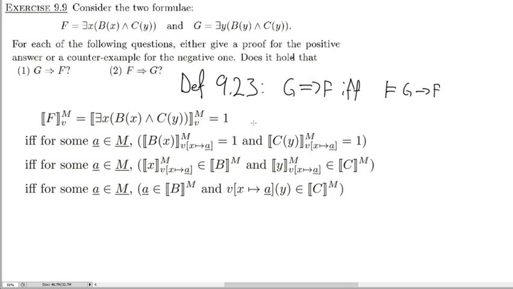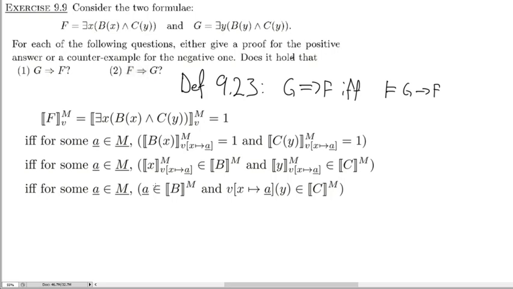That means B of x under structure M and V has to be true, and C under M and V also has to be true. Now B under M and V is true if this x under M and V is in B, and the C part here is true if this y under M and V is in C.